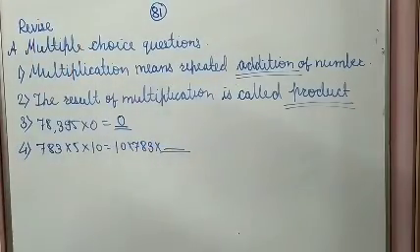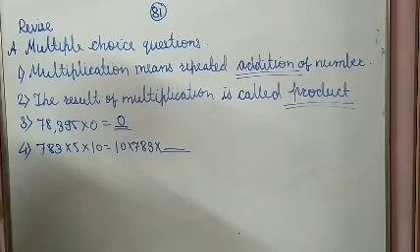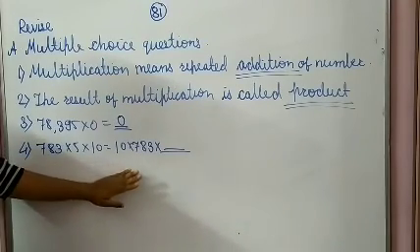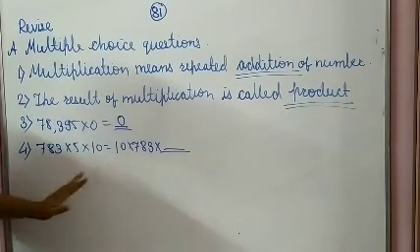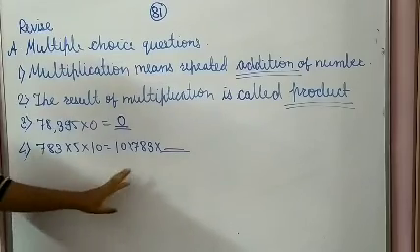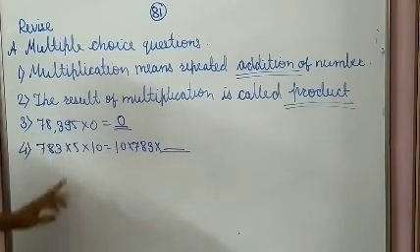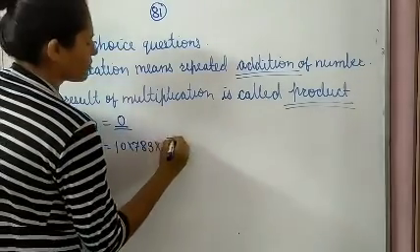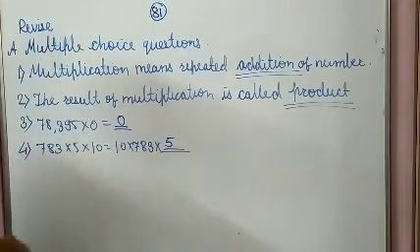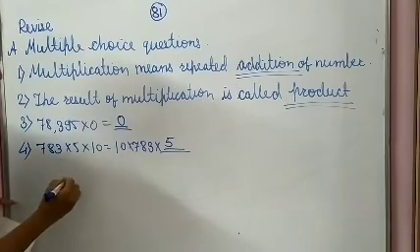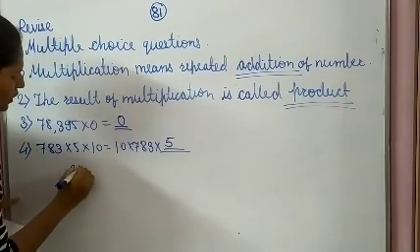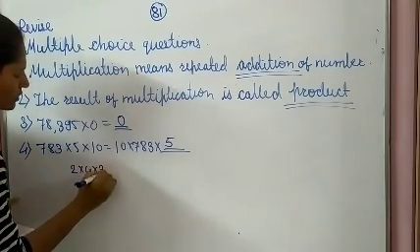So see, suppose we want the same answer on both sides. So which number do you multiply so that the answer on both sides will be the same? What is there? 5 is there. Suppose 2 into 4 into 3.